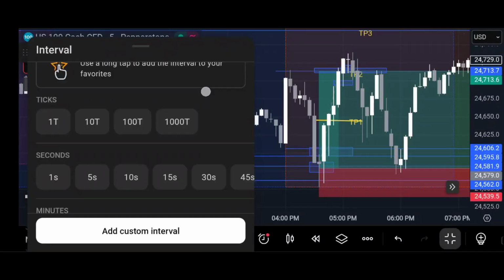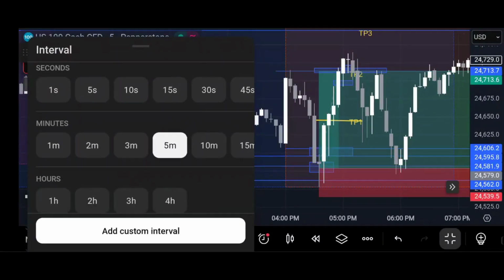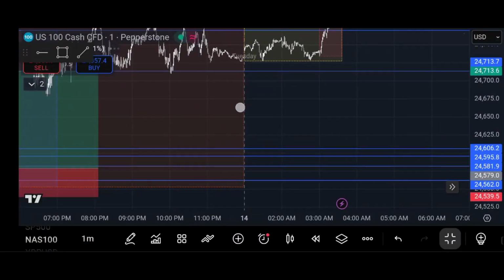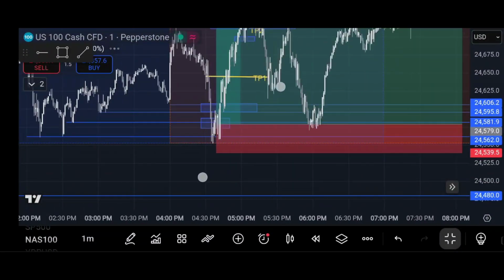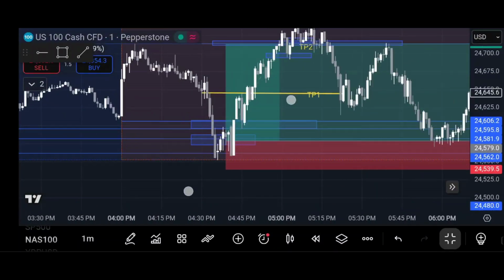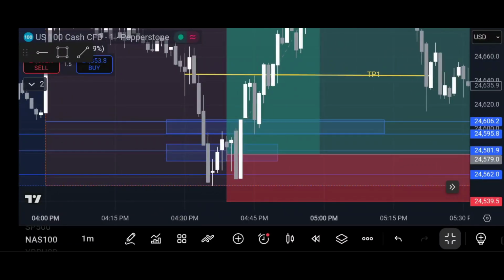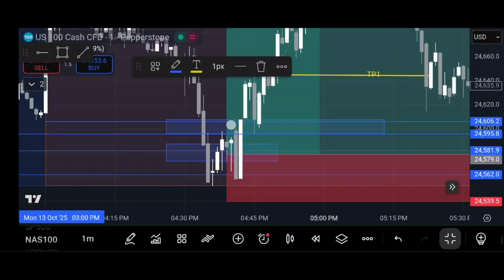When our price tapped our draws on liquidity, we just scrolled back to the 1 minute time frame and looked for confirmation. After it tapped our draws on liquidity, we got an inverse fair value gap, this one.